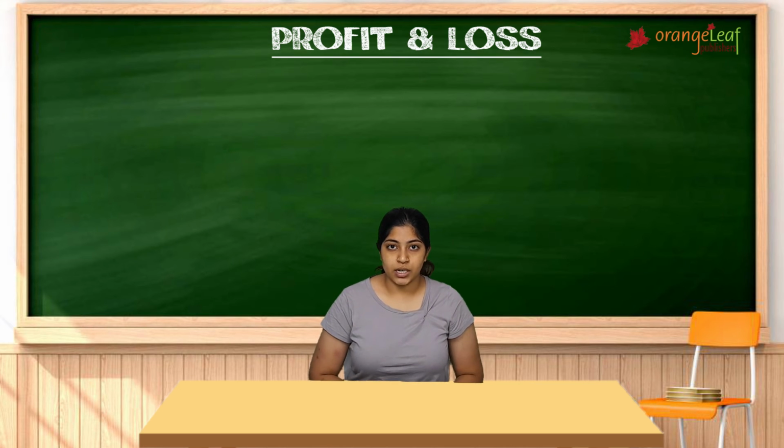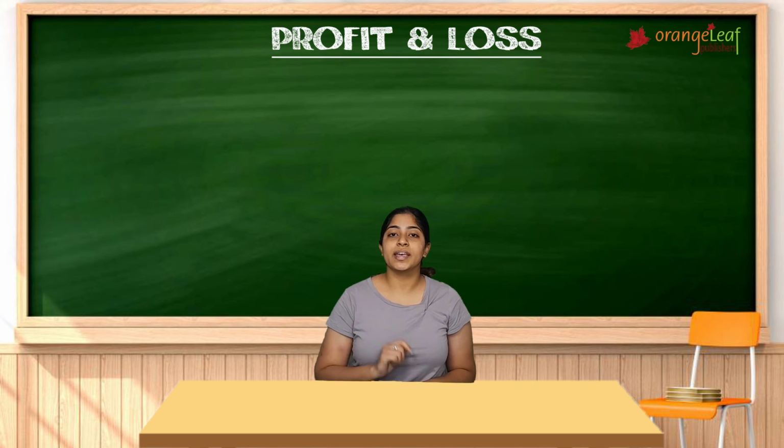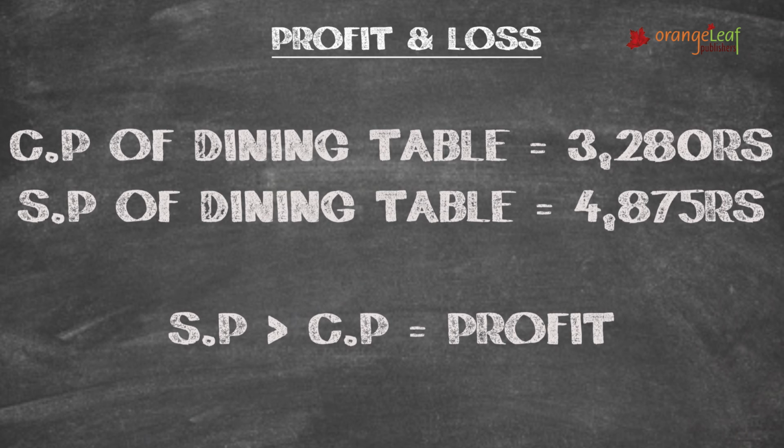Before we end the chapter, let us jump into a quick exercise. A dining table costing rupees 3,280 is sold for rupees 4,875. Find the amount of profit or loss. Here, the cost price of the dining table is 3,280 rupees, while the selling price is 4,875.